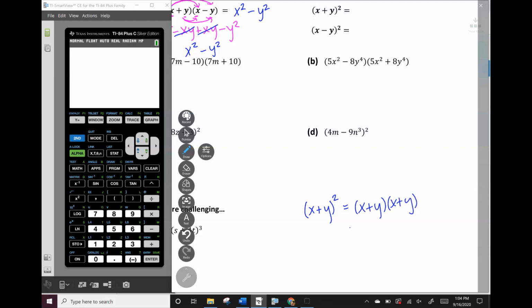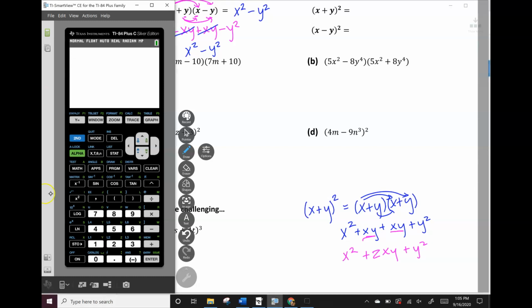So now we're going to FOIL that: x squared plus xy plus xy plus y squared. Now notice that you can combine those two middle terms, so that becomes 2xy. So x squared plus 2xy plus y squared.